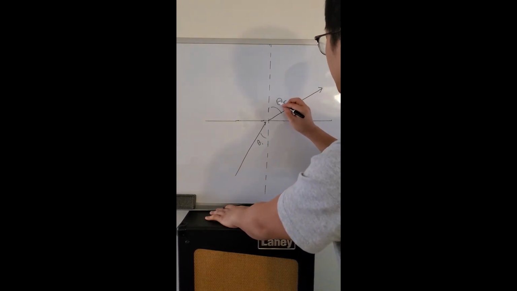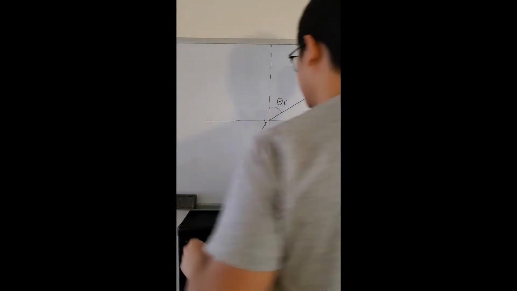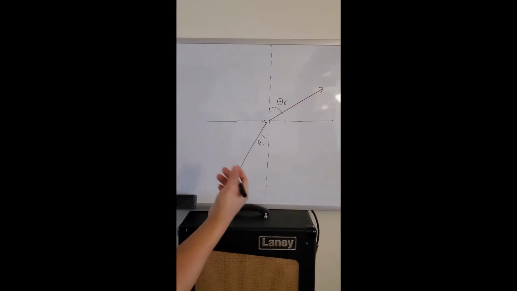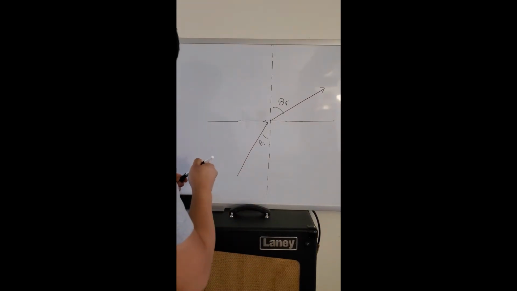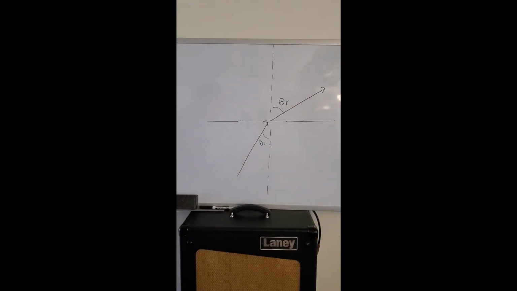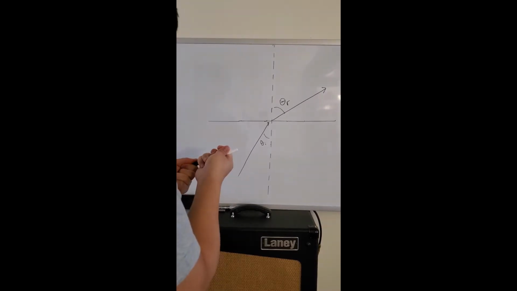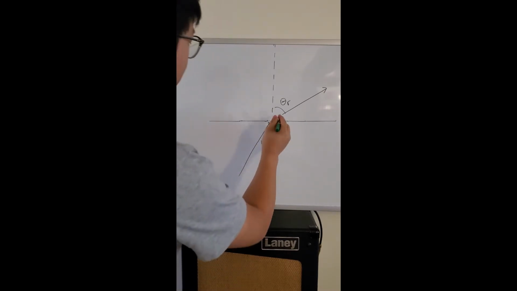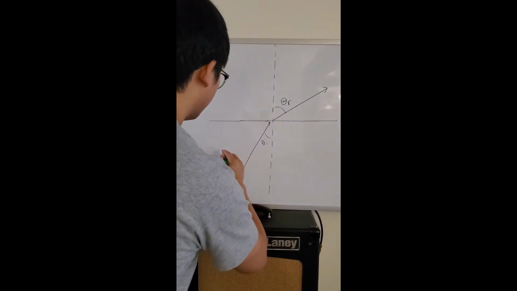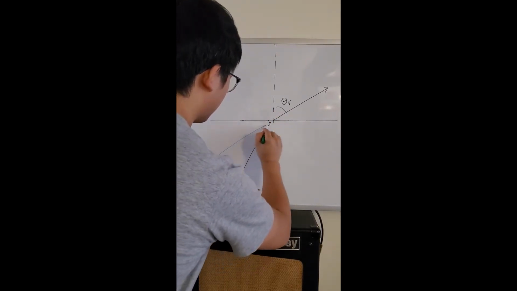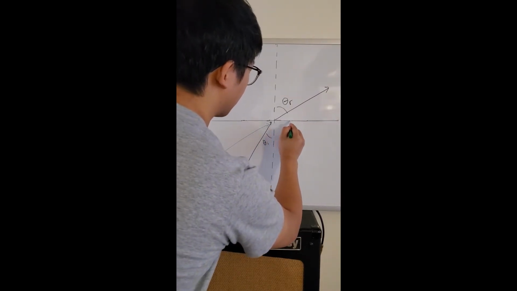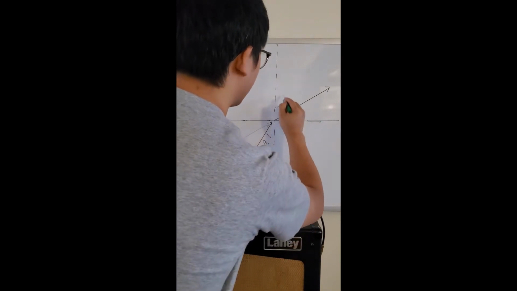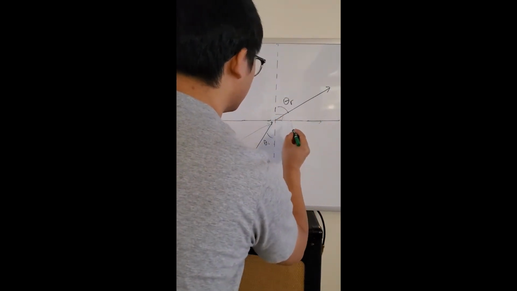Now, what we want to investigate today is whether there is an incident angle large enough that, theoretically, the angle of refraction keeps getting bigger and bigger until at one point we get refraction right along this line, and that angle is going to be 90 degrees.